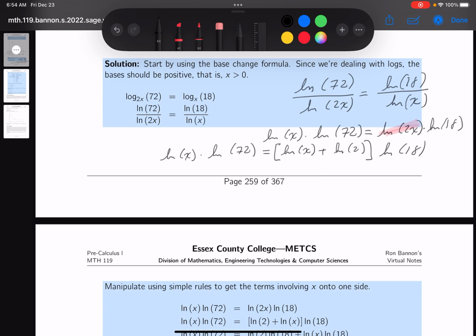What I'm going to do now, probably distribute, and you get this. You get natural log of x times the natural log of 72 equals the natural log of x times the natural log of 18 plus the natural log of 2 times the natural log of 18.